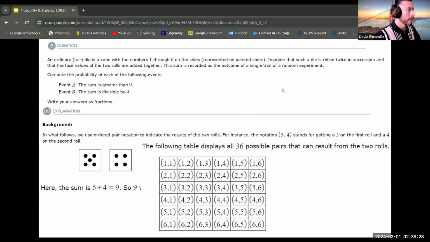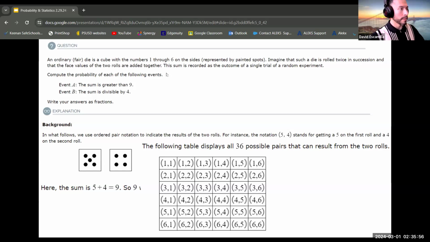An ordinary die is a cube with the numbers 1 through 6 on the sides. And there's a picture of 2 dice here. So imagine that such a die is rolled twice in succession, meaning one after the other, and that the face values of the 2 rolls are added together.